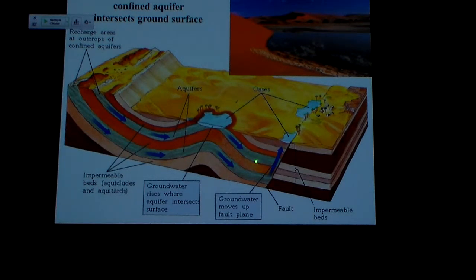In this case, I've got that same aquifer. It's hitting a fault zone. The fault has offset some impermeable rock against that aquifer, and the water is just leaking up along the fault zone. So as it does that, it then collects on the surface, and you'll notice that we get a bunch of these oases now that are all kind of lined up.